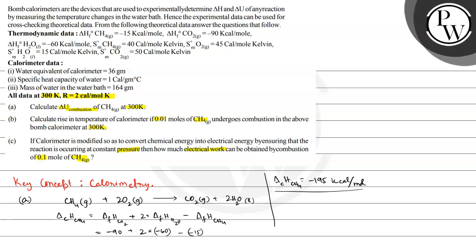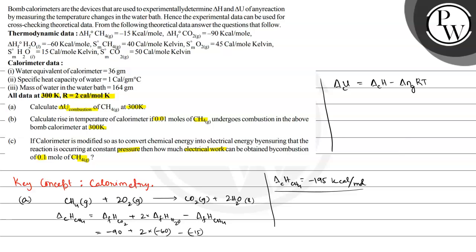But what do we have to find out? We have to find out delta U, internal energy of combustion. So we know that delta U of combustion is equal to delta H of combustion minus delta ng RT. Alright, so here what is delta ng? It is the change in number of moles of gaseous species in the reaction.